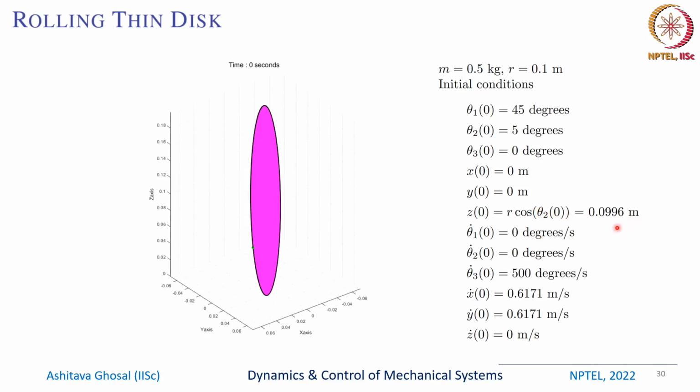The tilt is around the same, but then we give some initial theta 3 dot, initial x dot, initial y dot, and initial z dot. So we are going to give some motion to the center of mass of this disk. So let's see what this disk will do now. What is the motion of this disk?